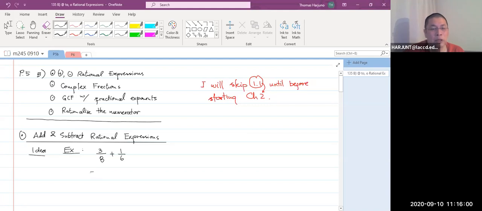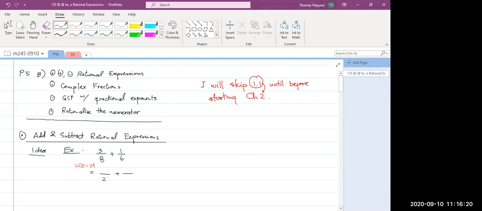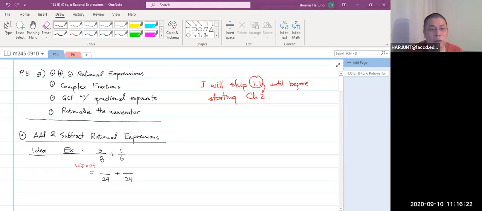Now, the way we did it, we get the LCD first, right? What is the LCD of 8 and 6? 24, right? The LCD, the multiple of 8 which is also a multiple of 6. That's 24. So I will put the denominator 24 here, 24 here.